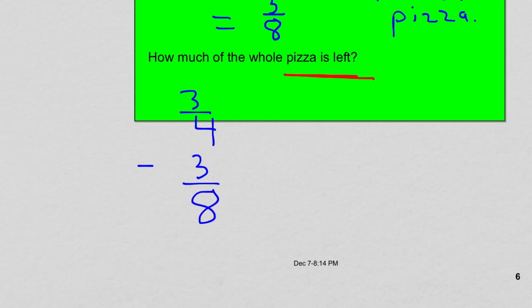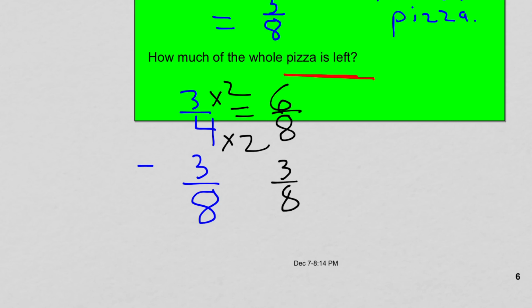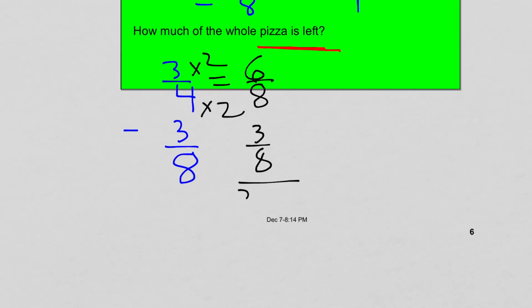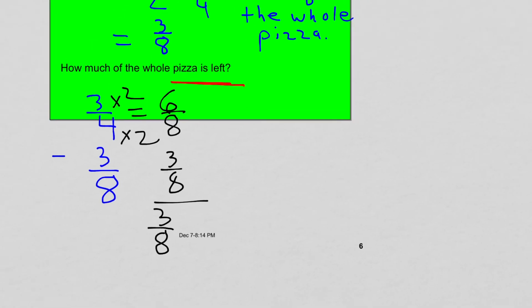So she started with 3/4 and took away 3/8. That's subtraction. Need a common denominator. 4 times 2 is 8. 3 times 2 is 6/8. And that's going to be minus 3/8. Gives us 3/8.